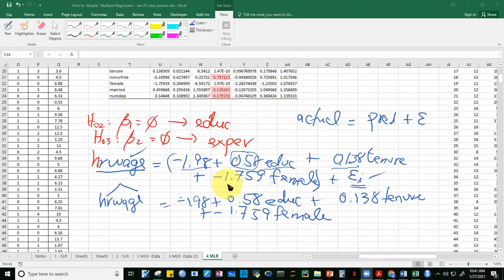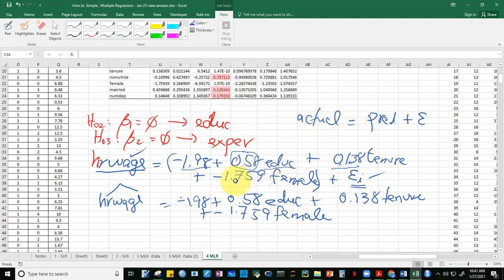How about this, guys? Ito, negative 1.759 female. Ano ibig sabihin nito? Okay, now, this is not the important thing, guys. Doon sa pagpili natin kung ano yung base or reference factor natin. Remember, guys, ano yung base factor natin? Sa gender. Ang base factor natin, di ba, yung male. Ibig sabihin, si male ginawa natin 0. So when we interpret this, itong negative 1.759 na yan, this should be interpreted in relation to your reference factor or your base factor, okay, which is male.